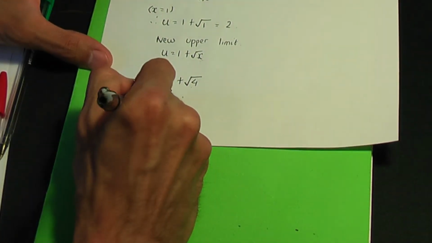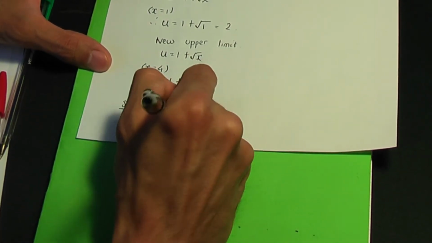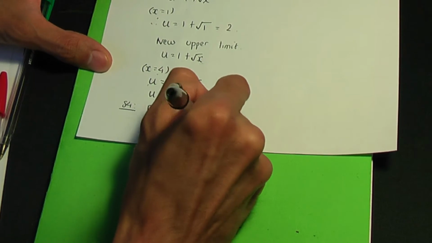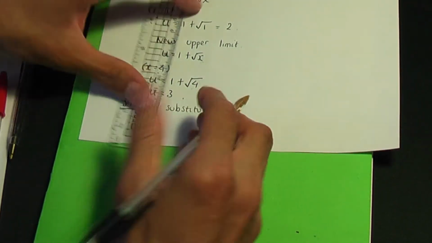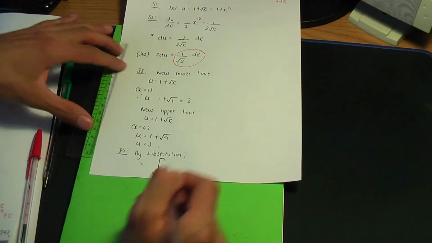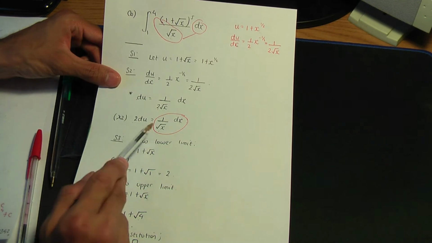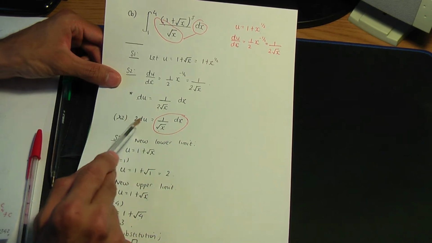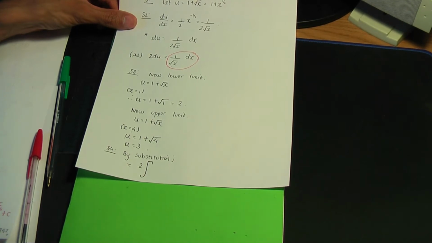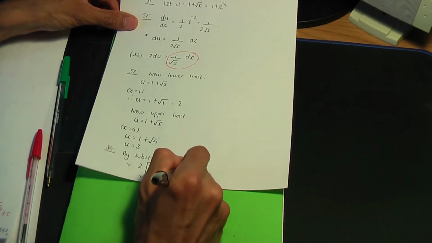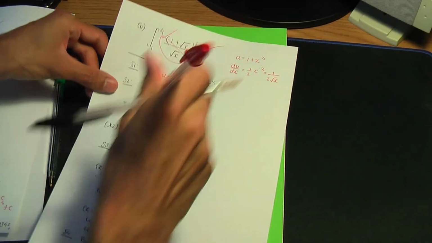So now we're ready to go to step number 4. Let's go through the substitution process. By substitution, let's rewrite this integral. 1 over root x dx is going to be replaced by a 2 du. 2, a constant, I'm going to write outside. Du, as always, goes inside. So these two terms I've replaced.